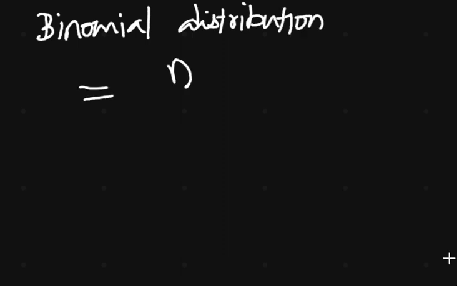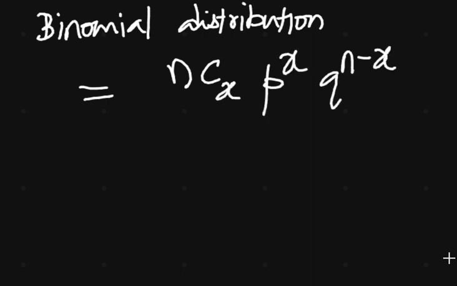The binomial distribution probability mass function is nCx p power x q power n minus x, where p denotes the probability of success, q denotes the probability of failure, n denotes the number of times the experiment is repeated, and x denotes the number of successes, right?